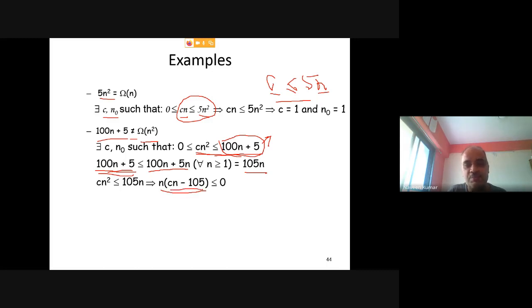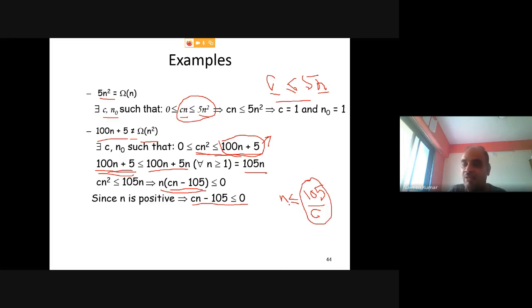Look carefully. It says that n is less than or equal to 105 divided by c. You are basically saying that n is less than or equal to 105 divided by c. C is a constant, so ultimately this whole value is a constant.